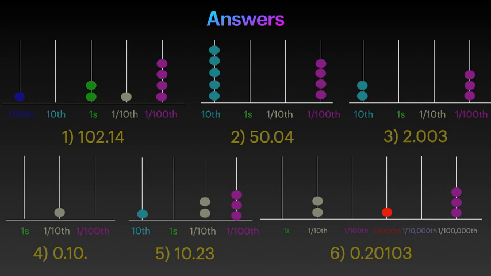Then the next column is tenths. In our number, the fourth digit is number 1. So we fill this column with 1 bead. Now our fifth digit, or last digit, is number 4. It is going to fill 4 beads in the hundredths column. According to this instruction, follow the rest of the questions and try to make the right answers.